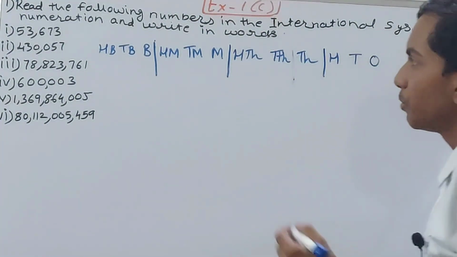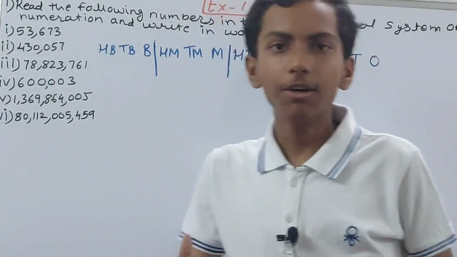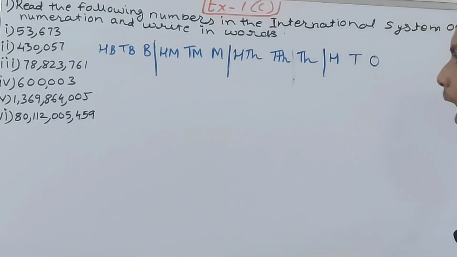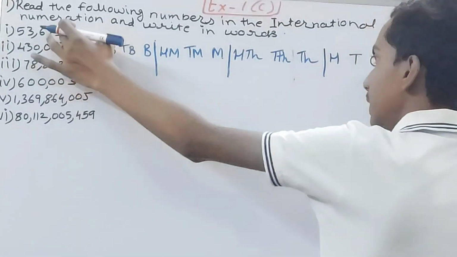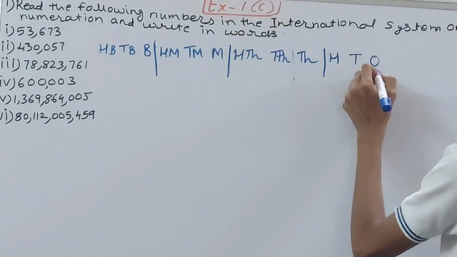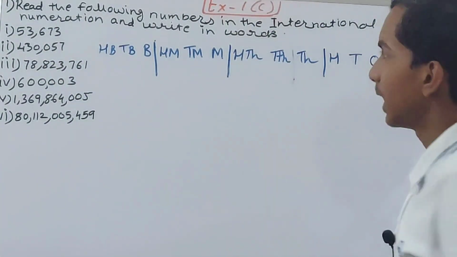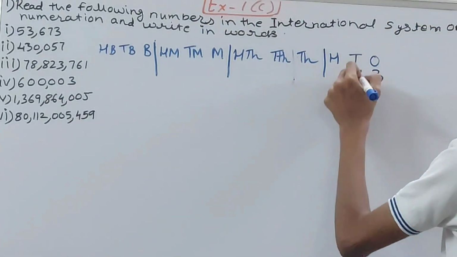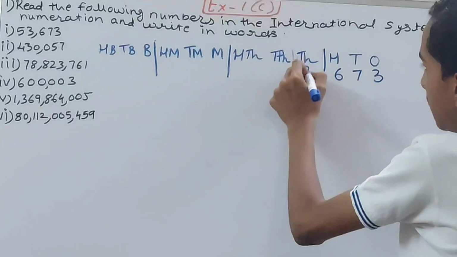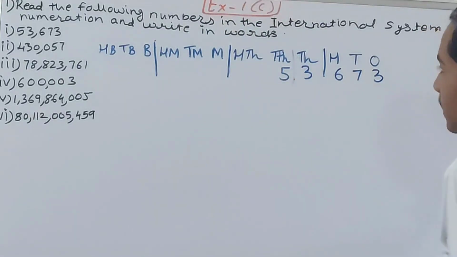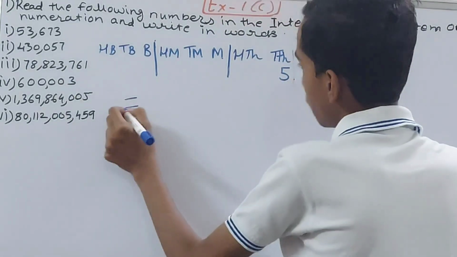Now we have to read these numbers and write them in words. I told you the process is the same. You will begin from the ones place, the digit in the extreme right, that is 3. So put it there at the ones place. Then to the left of 3 there is 7, then there is 6, and then you have 3 and then 5. This is very simple.